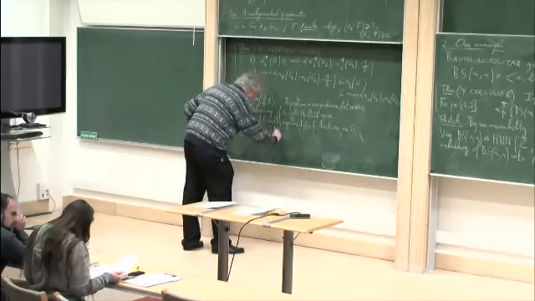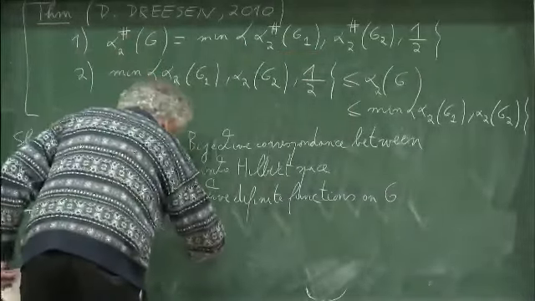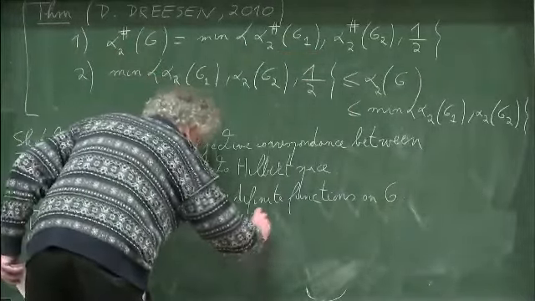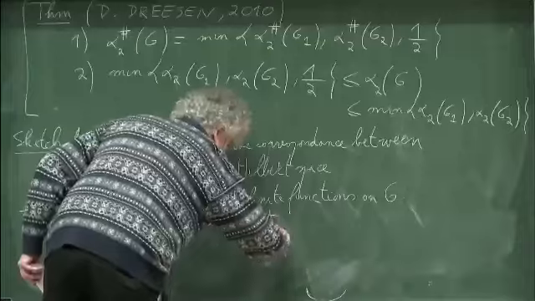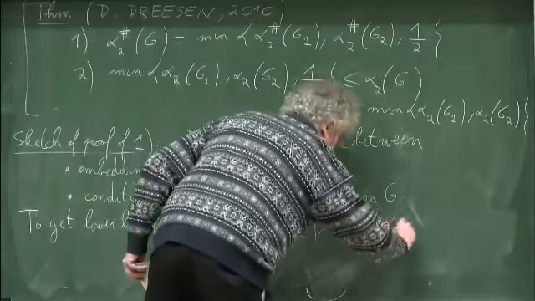So, of course, we may assume that both compressions are non-zero. So, assume that alpha 2 sharp of Gi is positive, for i being 1 or 2.